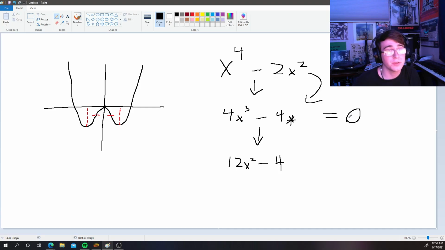You're going to test the zeros in the first derivative, and find where it's positive, where it's negative. And if it's positive before and negative afterwards, that is going to be a local maximum. Now, if it's negative before and positive afterwards, that is going to be a local minimum.